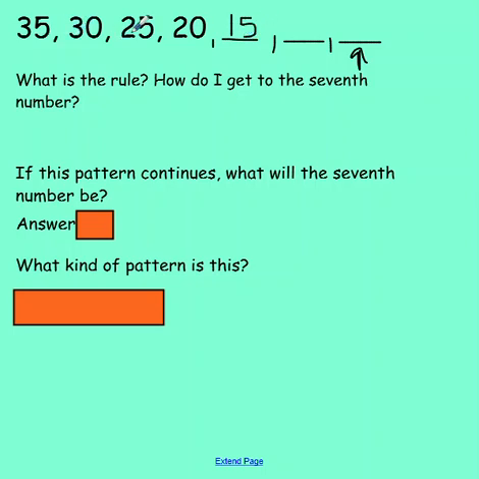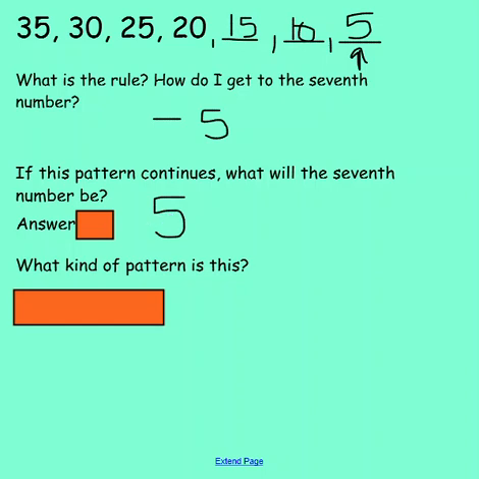Minus 5, minus 5, minus 5, minus 5, minus 5, minus 5. How do I get to my rule? Each time I subtract 5. If the pattern continues, the 7th number would be 5. And this is a skipping pattern, or a predicting pattern. Okay?